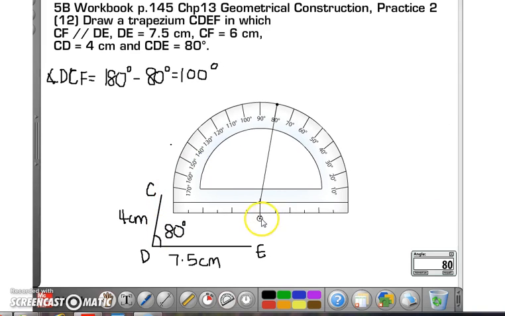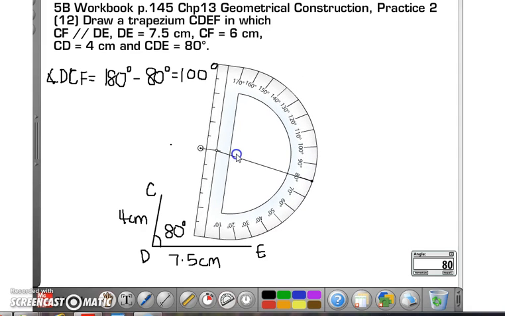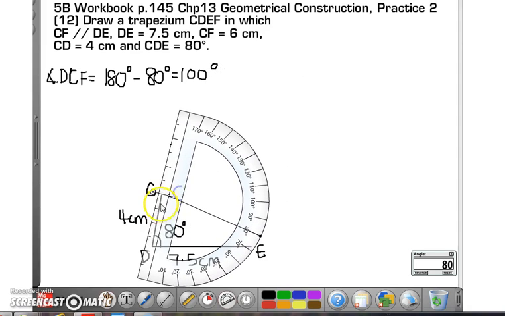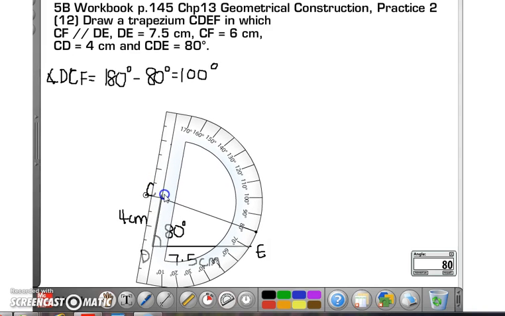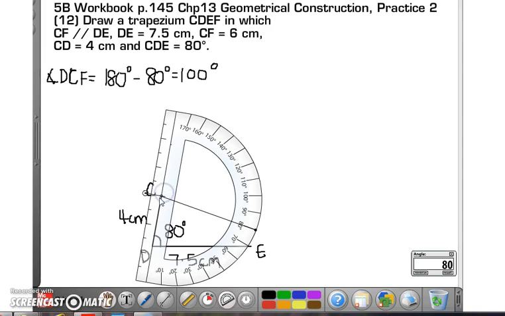So I need to place my protractor with its long line in line with my CD line, and the center point of my protractor must be at point C. Make sure that I start from a 0 scale, and we'll count on to 100 degrees. So 10, 20, 30, 40, 50, 60, 70, 80, 90, 100.